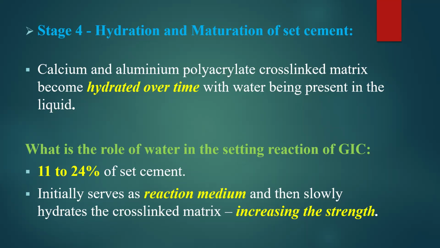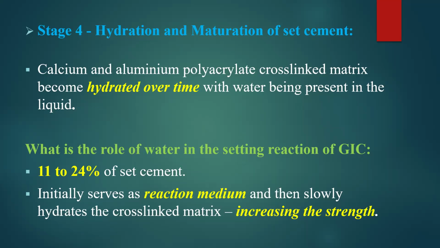We have learned that in the liquid component of GIC, we have quite an amount of water. Now, what is the role of water? The final aluminum and calcium cross-linked matrix becomes hydrated over time. The strength increases over time because of the presence of water in the liquid.